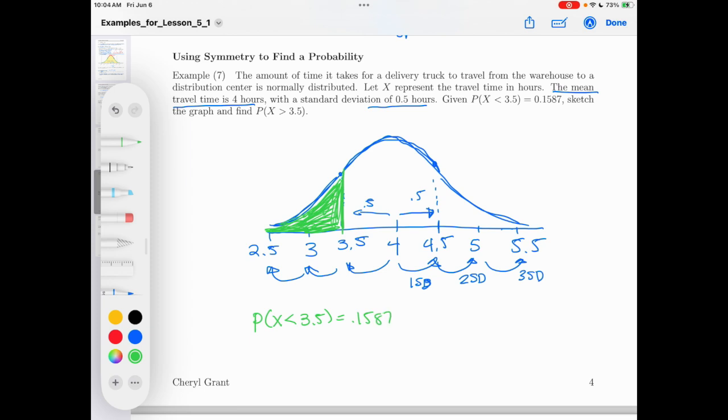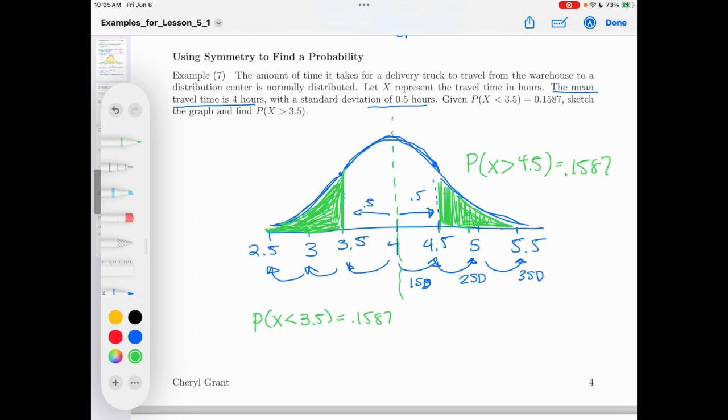Now, because the graph is symmetric, when we're dealing with the normal curve, if I fold that graph in half, where the mean is where I would make my fold, I would have the same area on the other side. So this area right here would also be 0.1587. So I can also say that the probability that X is greater than 4.5 is equal to 0.1587. So that's what we mean by symmetry.